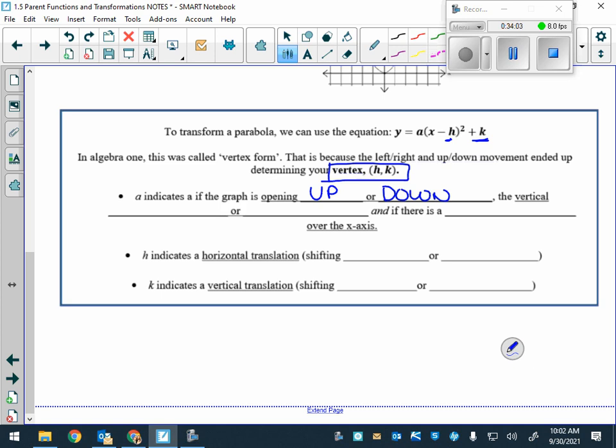Yeah. Good. Stretch or compression. And what's the last thing the A value could do? Reflection over the x. Okay, so A does a lot.